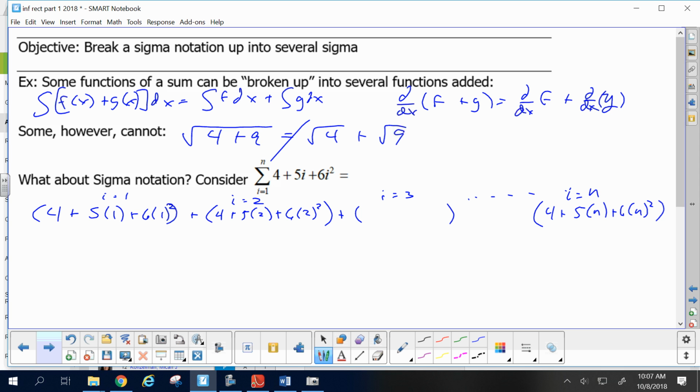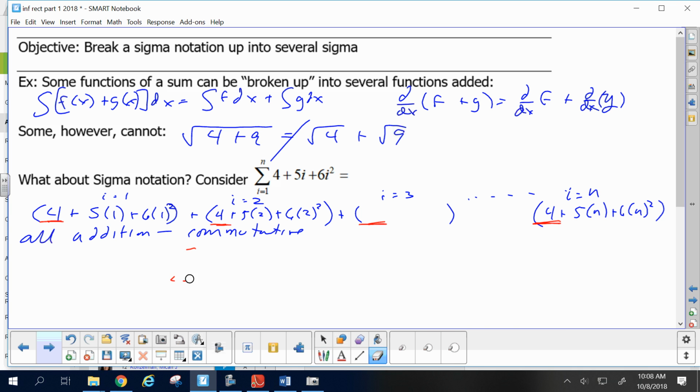Now the point is, can I break this up? Well, it's all addition, and addition is commutative. So why couldn't I say, well, look at all those 4s. I could group all those 4s together, 4 plus 4 plus, and put those in a set of parentheses.